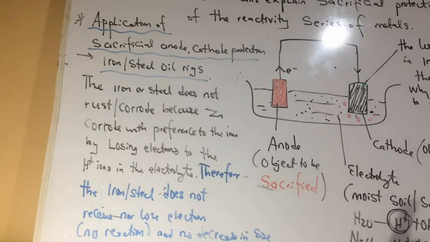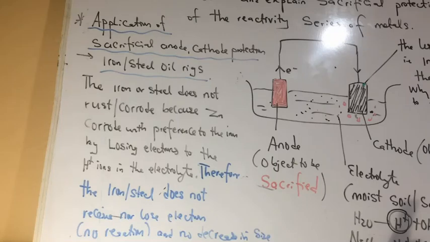If you look at the application of sacrificial anode cathode protection, iron, steel, or oil rigs. In iron, steel, or oil rigs, the iron or steel does not rust nor corrode, because zinc corrodes with preference to the iron by losing electrons to the hydrogen ions in the electrolyte, and not to the iron as the cathode.